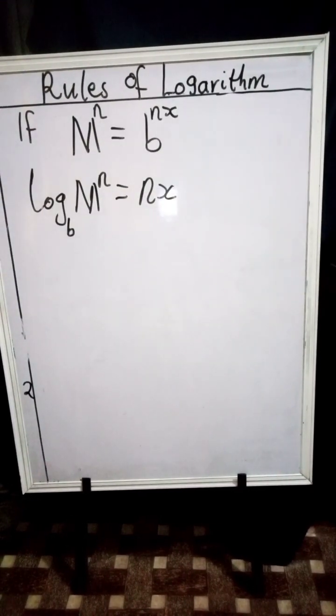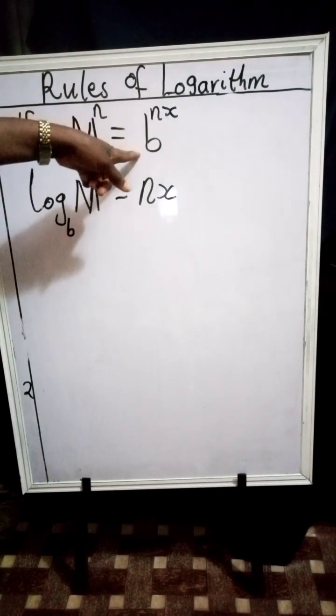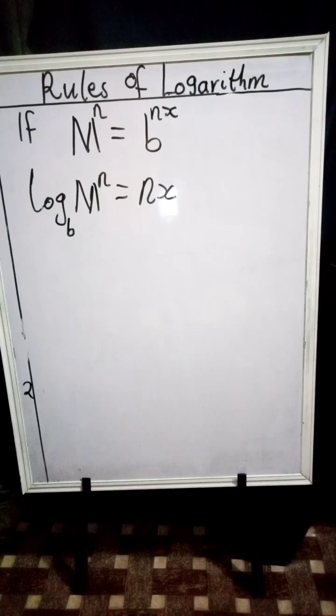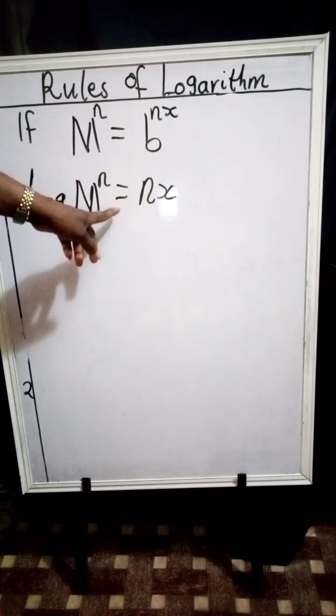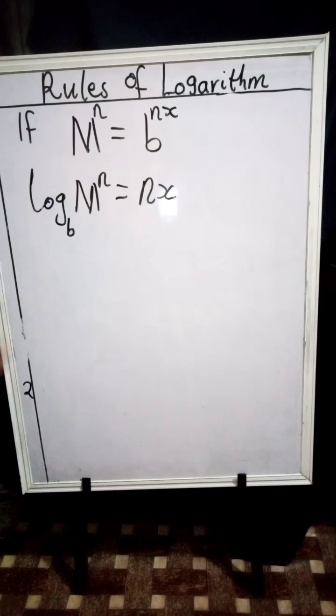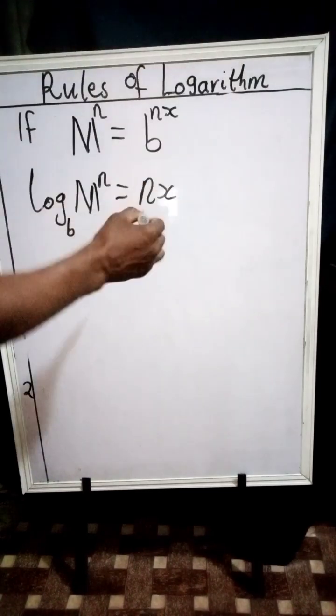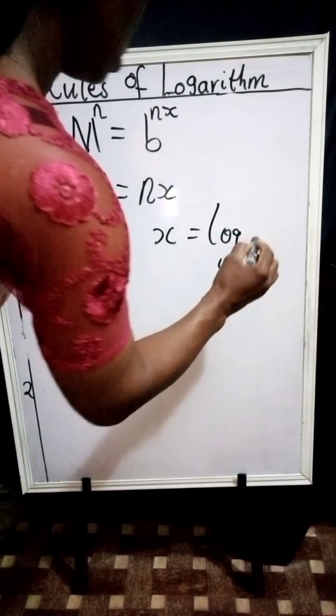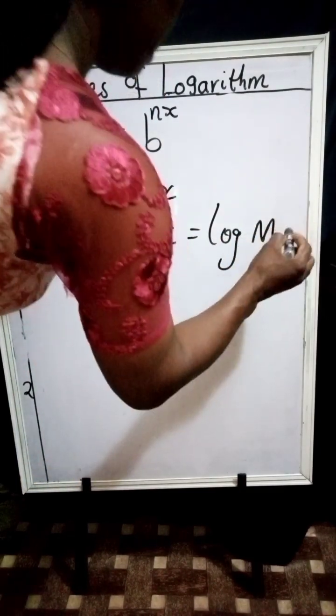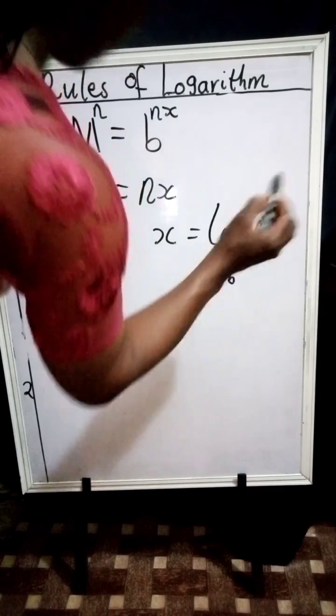Recall also that if m to power n is equal to b to power nx, then log m to power n base b will be equal to nx. And we have already established from what we have done above that x is equal to log m base b.